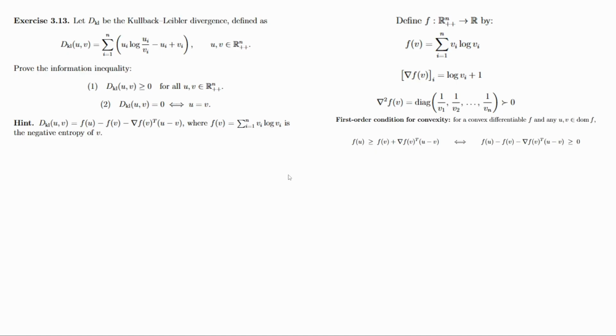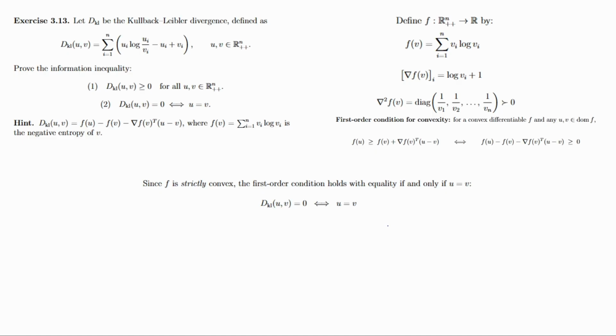All right, so moving on to part two. Part two is asking us to show that the KL divergence is equal to 0 if and only if the vectors u and v are equal to each other. The proof is very straightforward. Because we've shown that f is not only convex, but strictly convex, by definition the first order condition holds with equality if and only if the two points are the same.